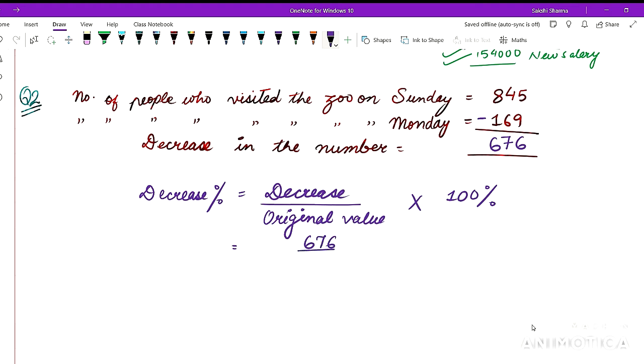So we have 676 over 845 multiplied with 100%. Let's simplify this. Use your rules of divisibility to find out by which factor these can be cancelled. I'm going to cancel these by 5. And these can be cancelled with 13.